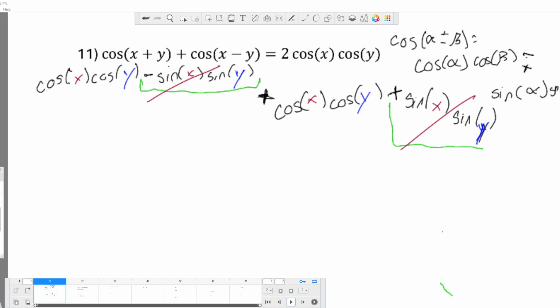Then the only things left are the term cosine x cosine y and the term cosine x cosine y. We can add those two terms together, and we end up getting 2 cosine x cosine y. And that is what we were looking for.